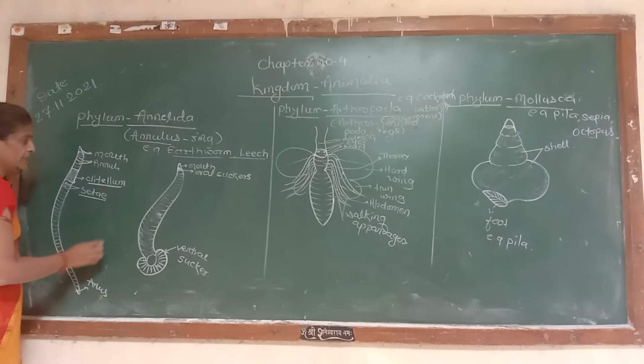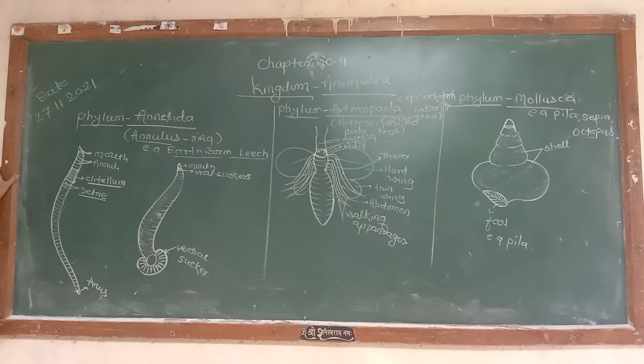In the clitellum region, on the ventral side, there are genital organs or genital openings present on the ventral side of the body. Now, the nervous system is again well developed. That means there is a nerve ring and nerve cord present in that animal.